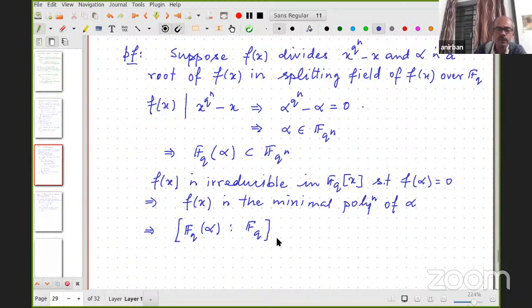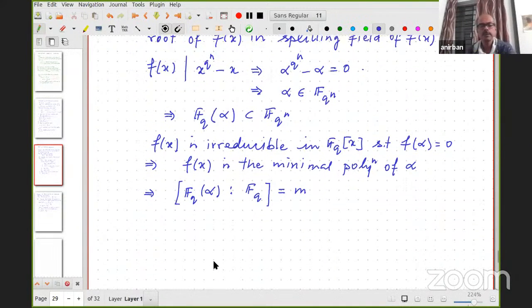Therefore this extension F_q(alpha) is an extension field, so it is also a vector space over F_q, and the dimension of this vector space is going to be m.